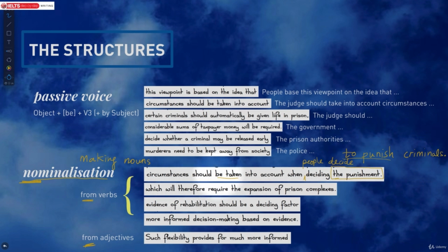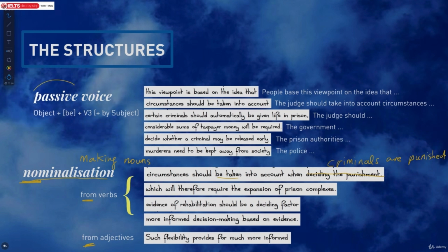So circumstances should be taken into account when criminals are punished. Okay, let's just get rid of that. So, when criminals are punished. This is sort of a midway spot.